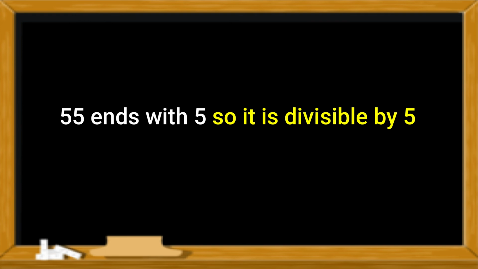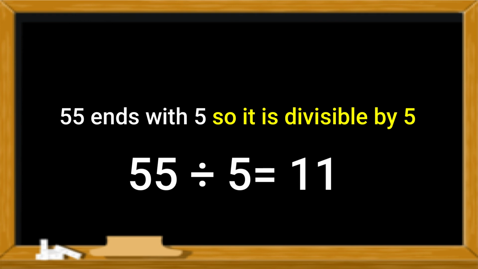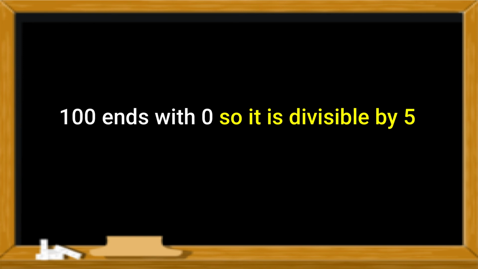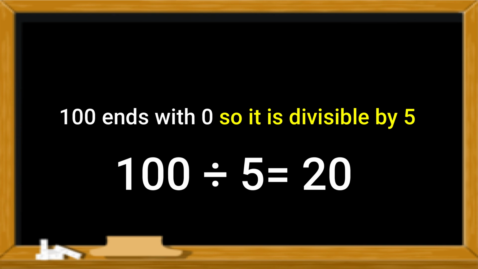If we divide 55 by 5, it is equal to 11. Another example, 100 ends with 0, so 100 is divisible by 5.